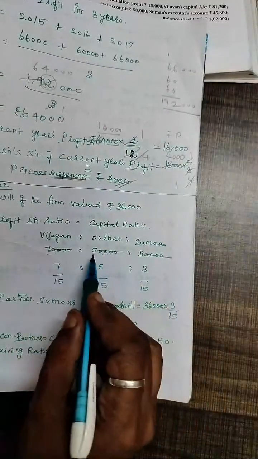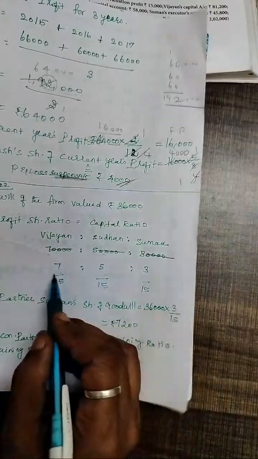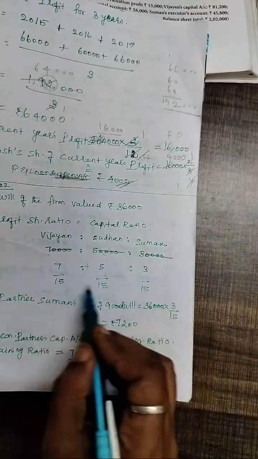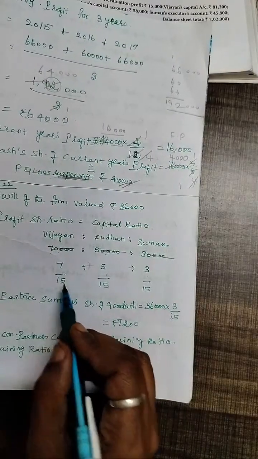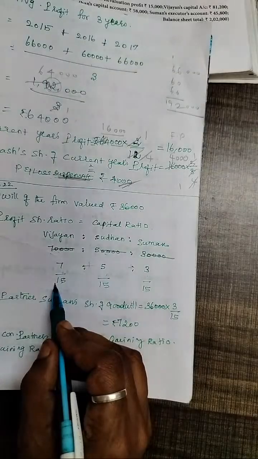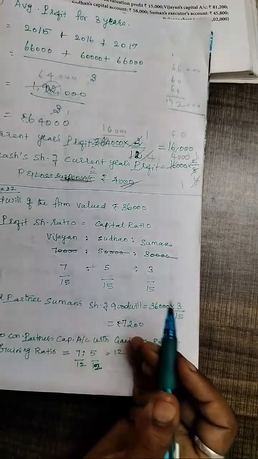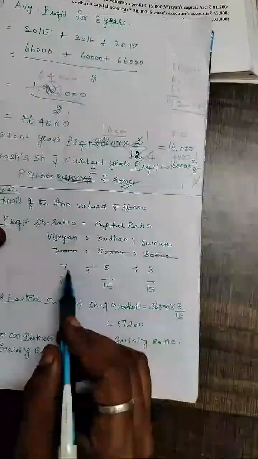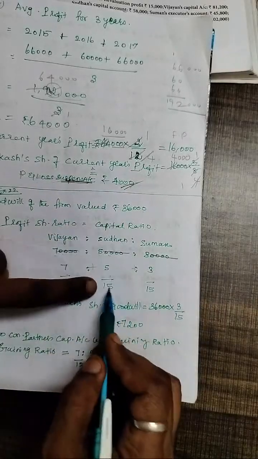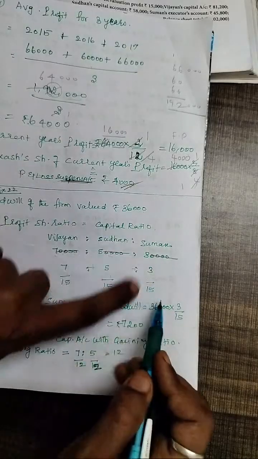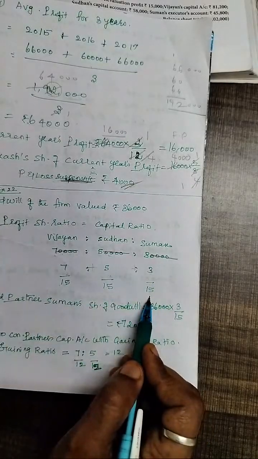Remaining we have 7, 5, 3. 7 is to 5 is to 3. 7 plus 5 plus 3, we get 15. The total share you have to enter in the denominator. So, Vijayan's profit sharing ratio is 7 by 15, Sudhan's profit sharing ratio 5 by 15, Suman's profit sharing ratio 3 by 15.